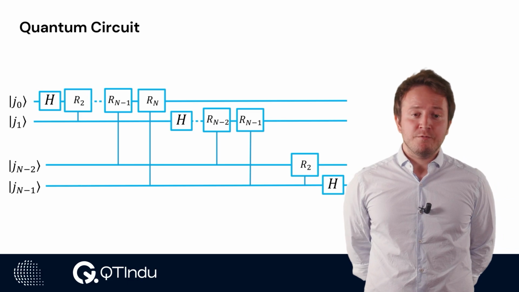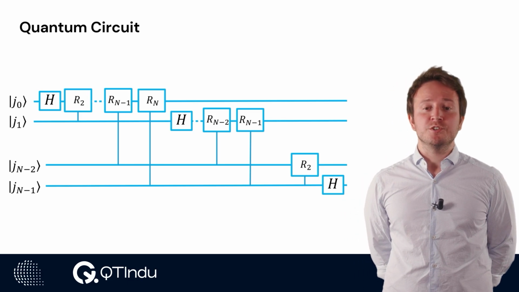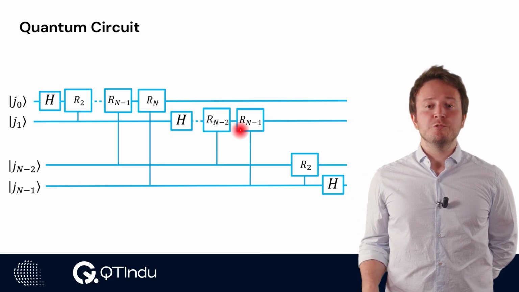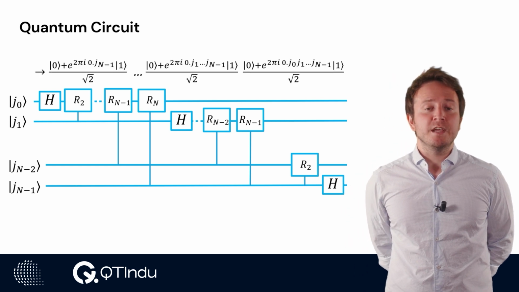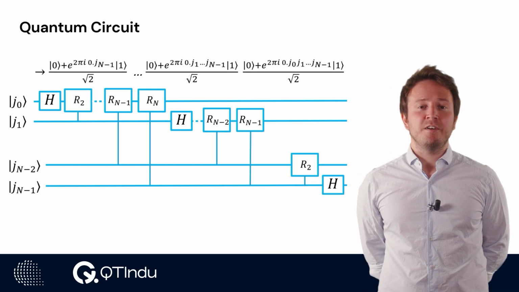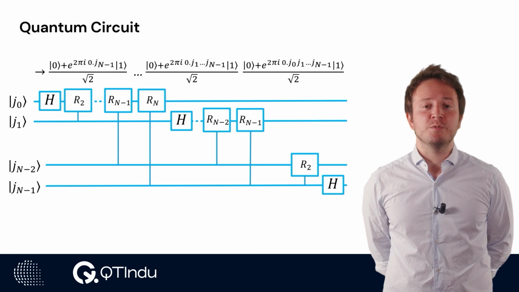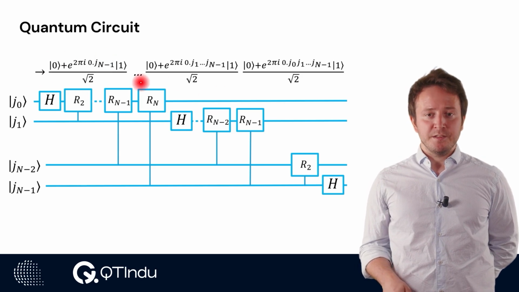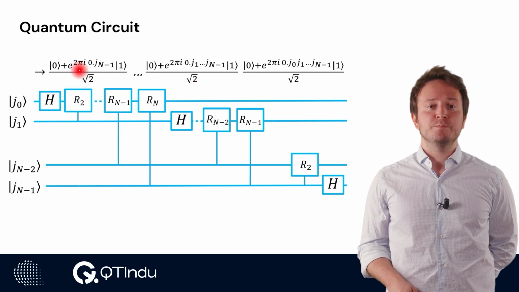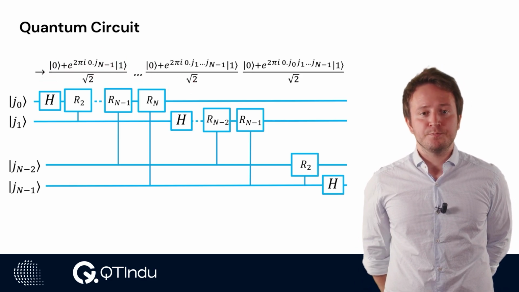We now have to do the same procedure for every qubit, every time just reducing the number of rotations by 1. And what we find at the end is exactly what we defined as the quantum Fourier transform earlier. We essentially find the tensor product of all the states being a superposition between 0 and 1 with an appropriate phase factor.